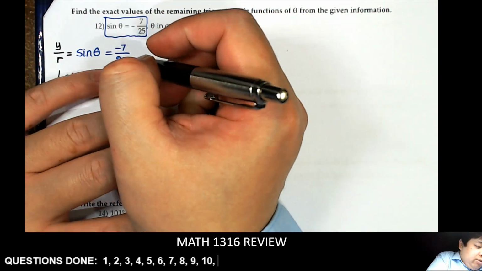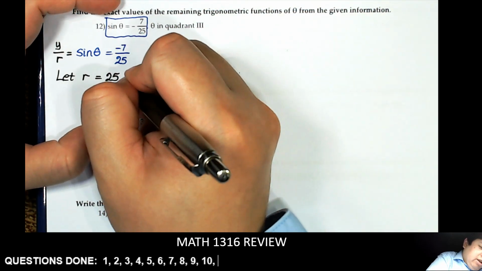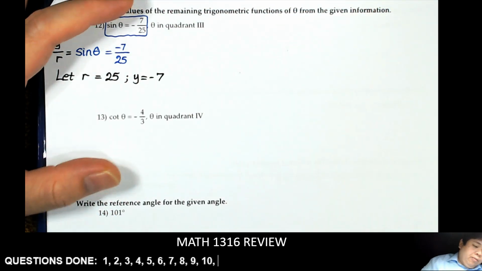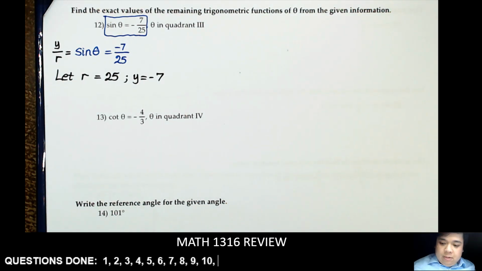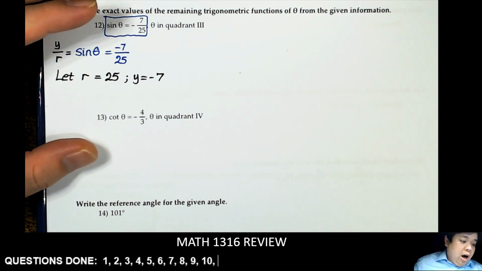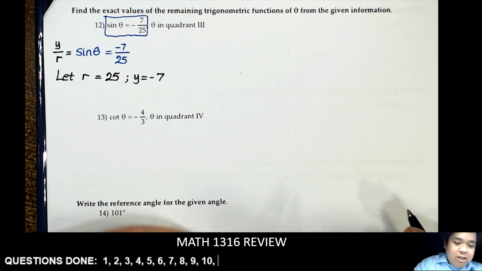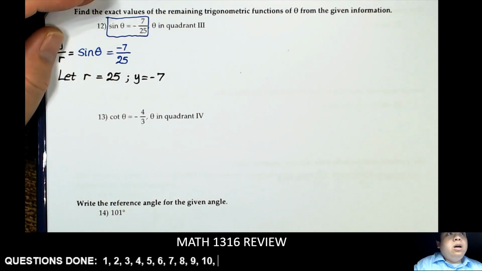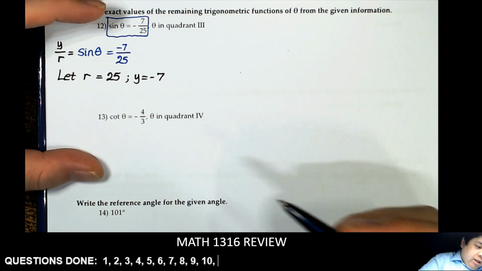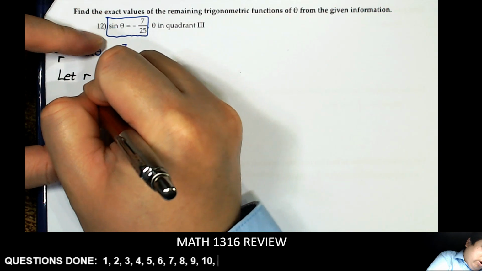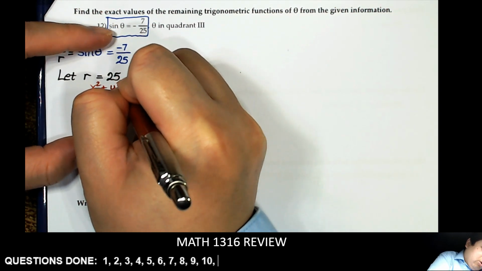And then because of that, y must be negative 7. So we have r and y, we just need to find x. Once we have x, y, and r, the trigonometric values should be easy. So we will use the Pythagorean identity, x squared plus y squared equals r squared.